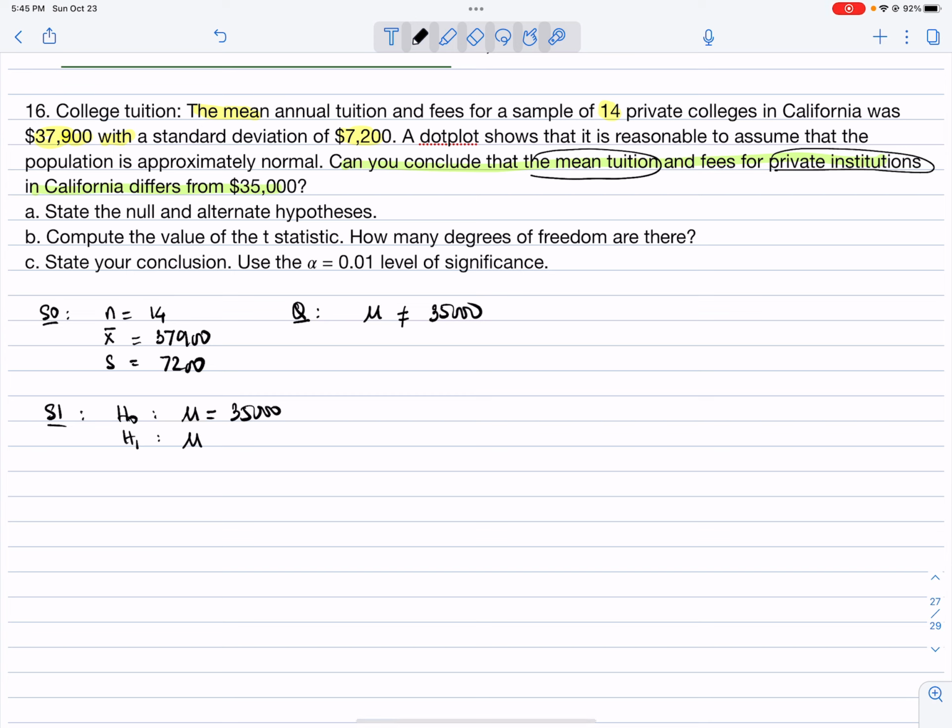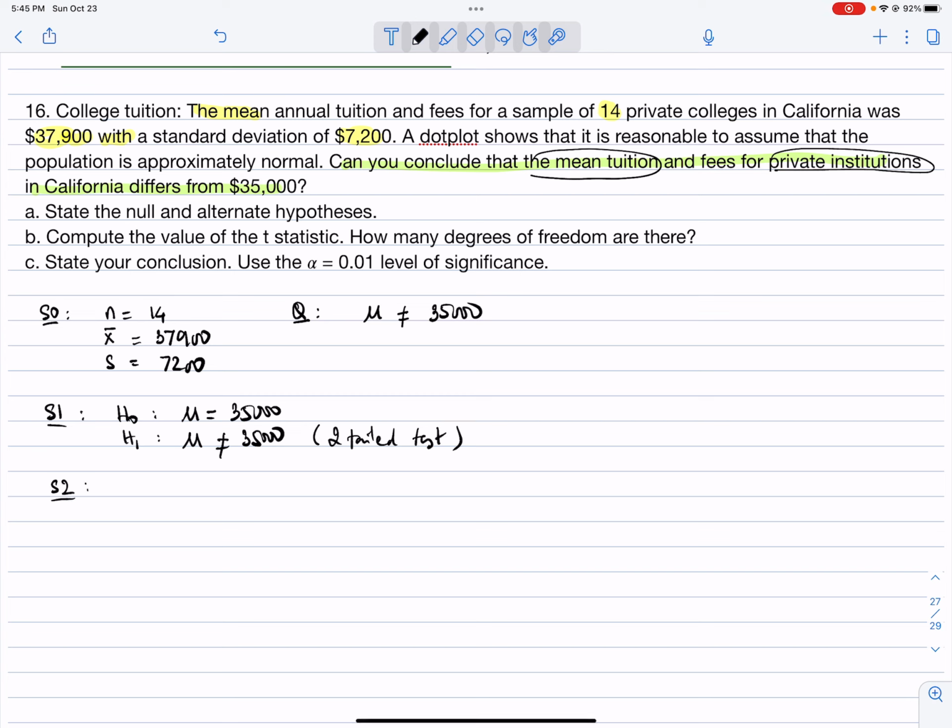Opposite to the equal sign will be greater than, less than, or not equal to. The question mentioned the difference, that means not equal to. So we will use not equal to 35,000. And under the alternative hypothesis, we know that we will use a two-tail test.